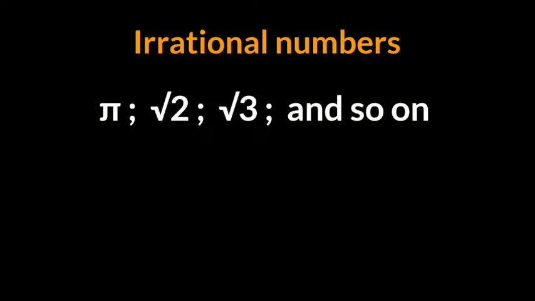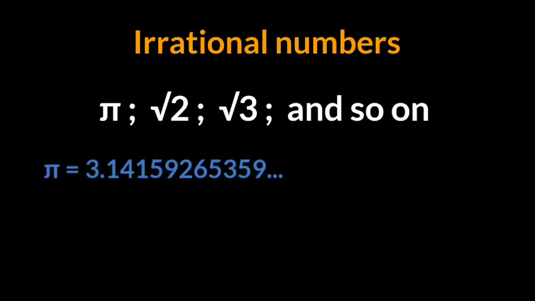When you type your pi in your calculator, you have 3.14159265359 and so on and so forth. Okay, depending on what calculator you use. Some calculators stop at the nearest 15 decimal places. Okay, I'm going to explain what decimal places are as we move further. But these are irrational numbers.